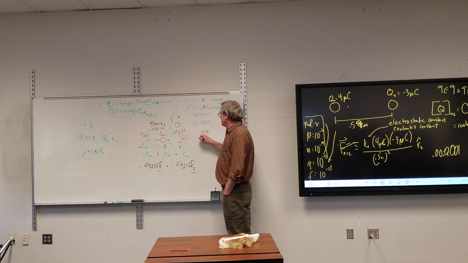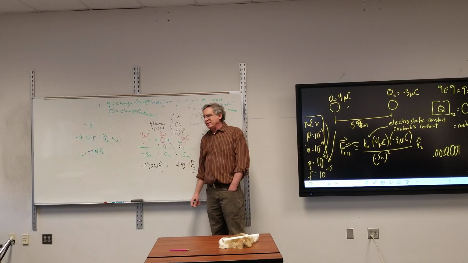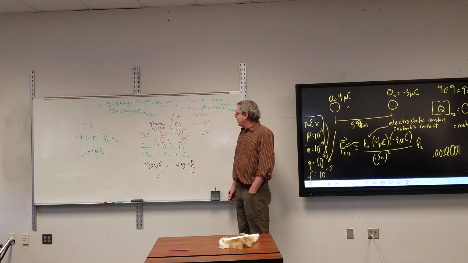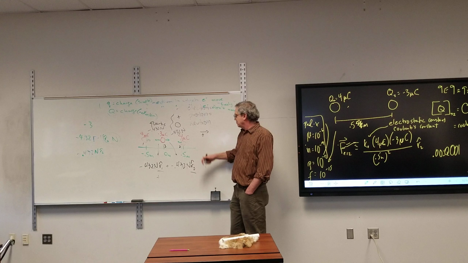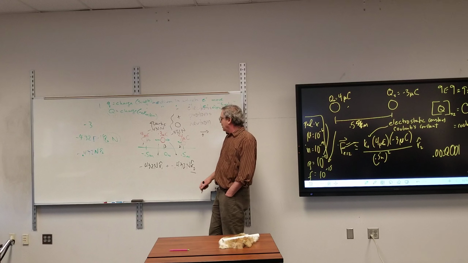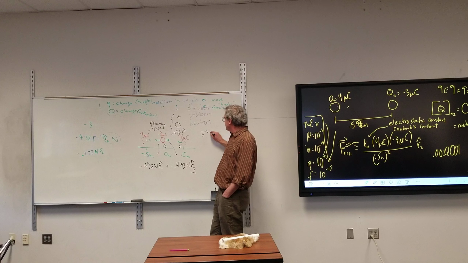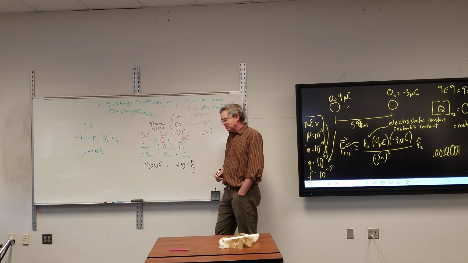If I say to the right is positive, then R1 hat is positive. R2 hat is, try that one again. If I say to the right is positive, we'll just say positive I hat. That old friend.